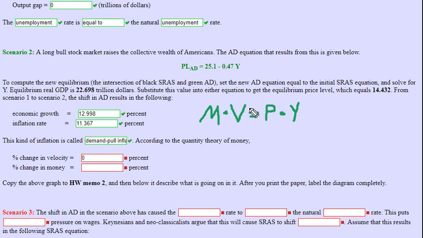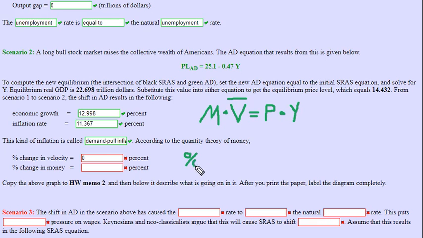Okay, so in the quantity theory of money, velocity is constant. We can rewrite this equation of exchange in percent changes. This is in levels, in dollar values, right?